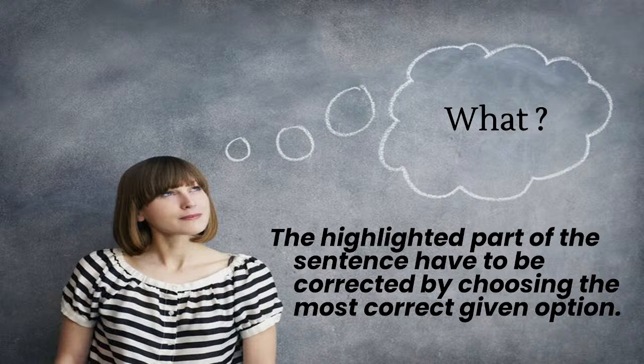So this sentence correction section includes various types of questions. These questions are designed to test your ability to identify written English that is grammatically correct or not. So your grammatical ability is checked here, and along with it your vocabulary is also checked.